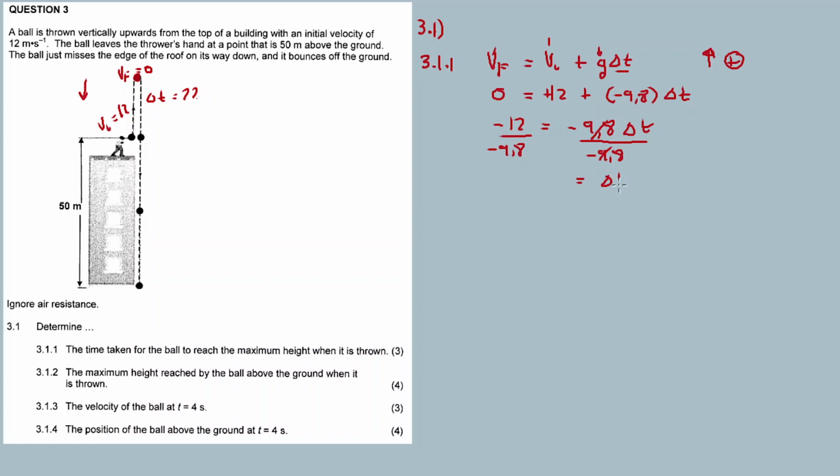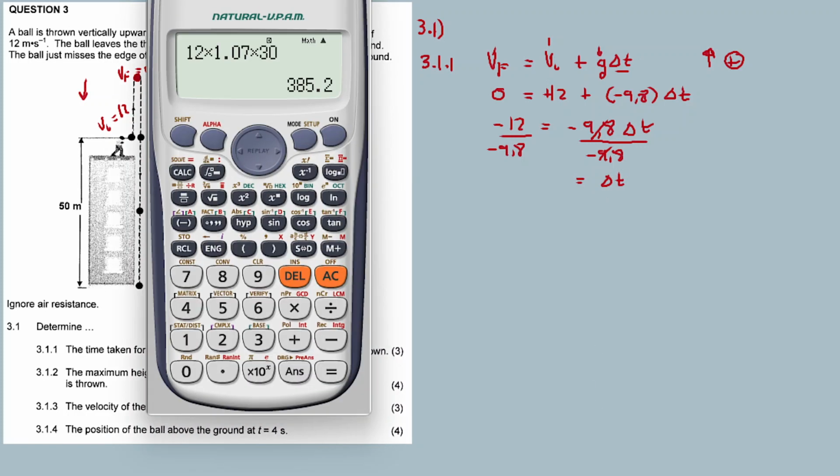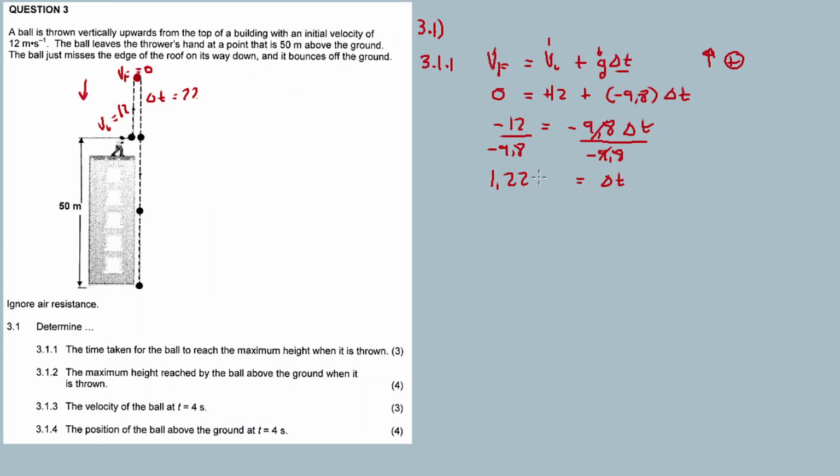Cancel. Delta t is equal to negative 12 divided by negative 9.8. The answer here, to 3 decimal places, is 1.224 seconds. Now you answer it too.